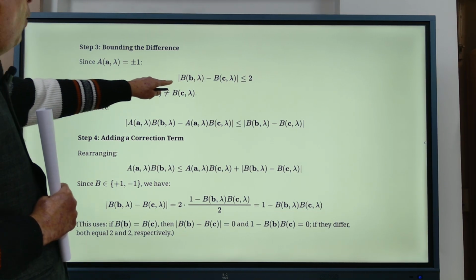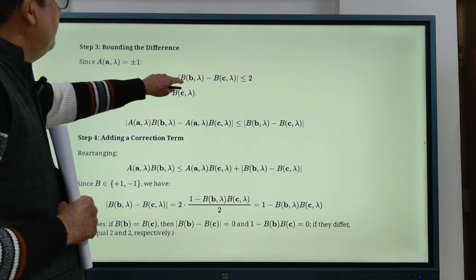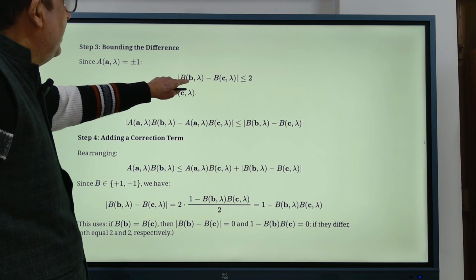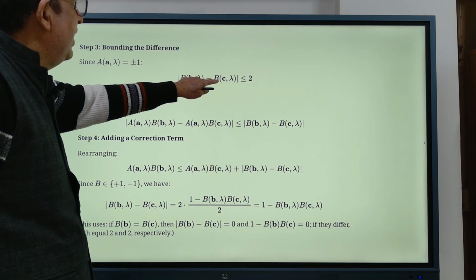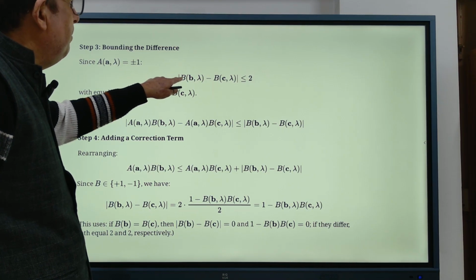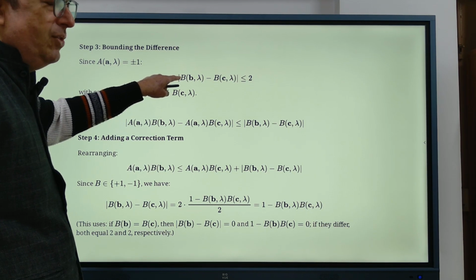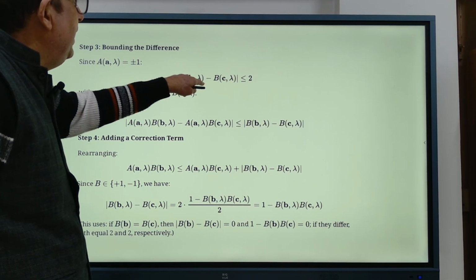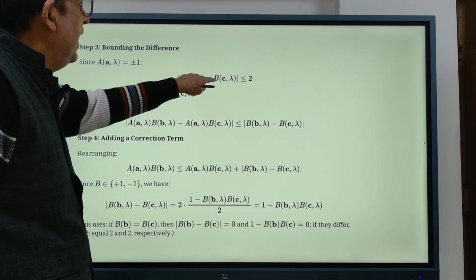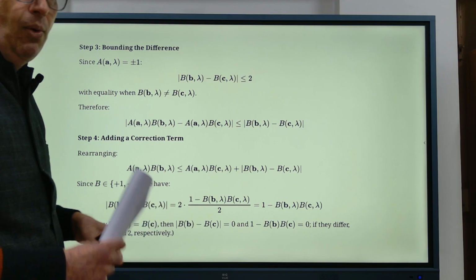Since B also is plus or minus 1, B at direction B minus B at direction C can take a maximum value of 2 and a minimum value of minus 2. So the absolute value of B at direction B minus B at direction C has to be less than or equal to 2.